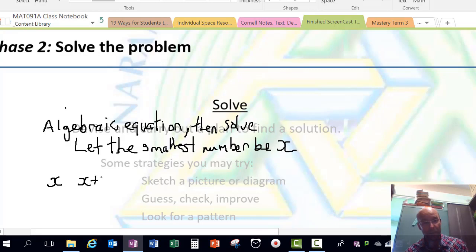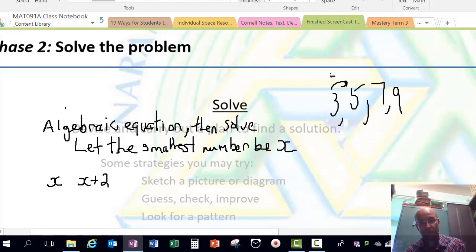The next odd number will be x plus 2. You think about odd numbers like 3, 5, 7, 9. They're all 2 apart, aren't they? To go from one to the next, you've got to add 2 every time. That's the next odd number. The next odd number after that is x plus 2 plus another 2, which is x plus 4.